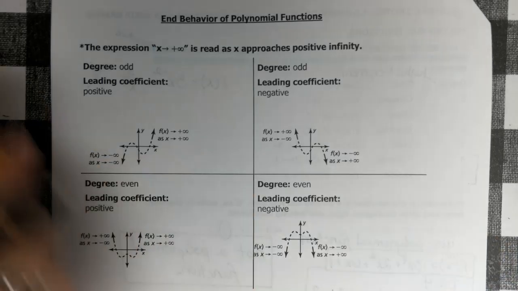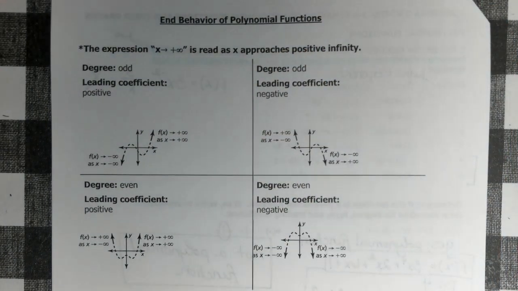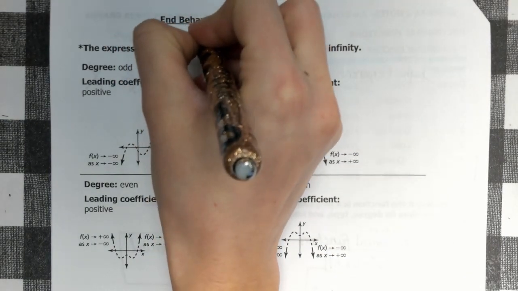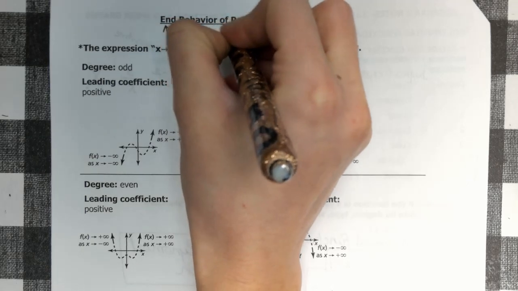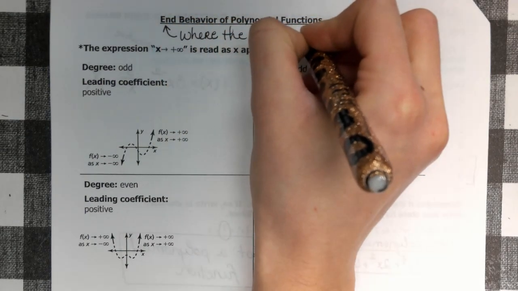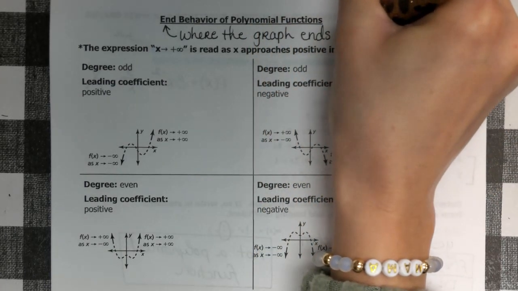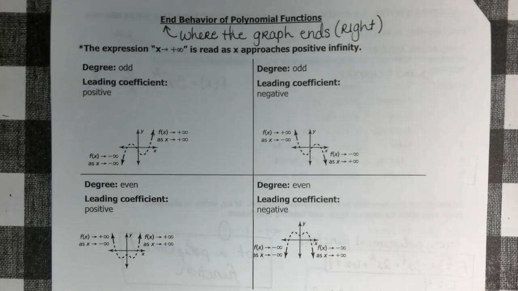Okay, so now we're going to move on to end behaviors of a polynomial function. End behavior is telling you where the graph ends, which is on the right. So you read left to right, so when I say where it ends, I'm talking about the right side.